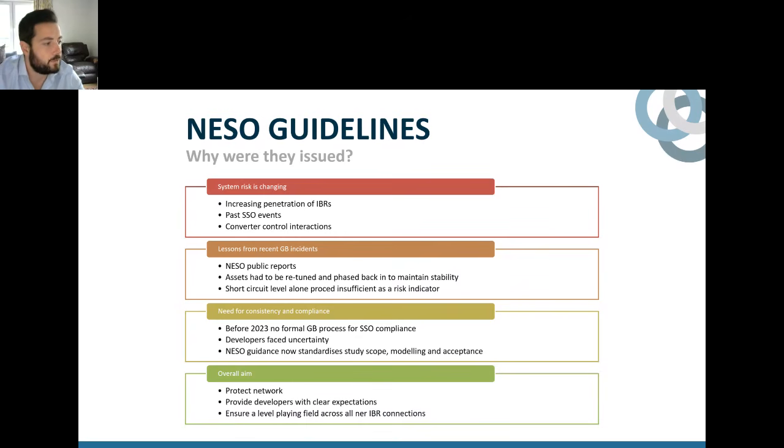They didn't know exactly what tests they would need to run, what models to provide. So NESO came up with a first guideline that standardizes the study scope, modeling requirements, and acceptance criteria, with the overall aim of protecting the network security and connected assets, and providing developers with clear expectations before they energize or are connected to the network.